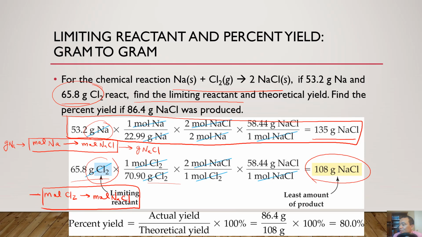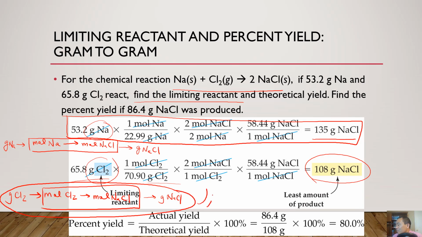Since grams of Cl2 is provided, you need to extend it to the left side, so it would be grams of Cl2. To the right side, we also need to find out how many grams of NaCl this is. So this particular solution map tells you how to calculate the number of grams of NaCl, which is detailed as you can see over here.